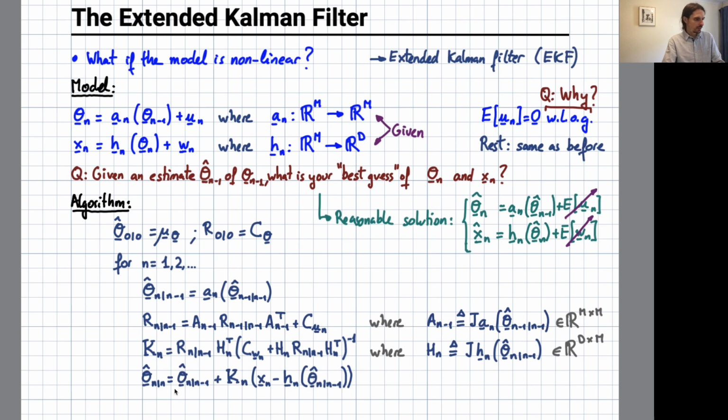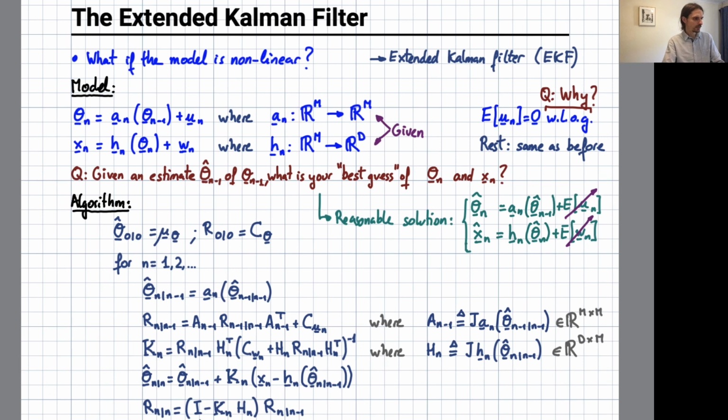And then we have the correction equation. Note that the only thing that changes is this expression for the innovations. This is our prediction for this x_n hat, which we see again agrees with our intuition perfectly.